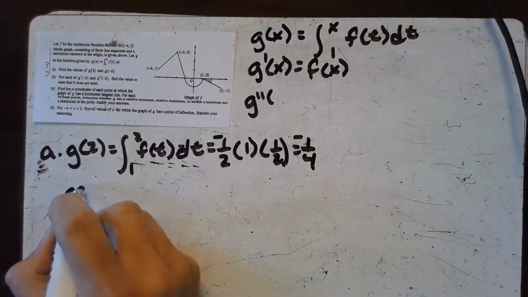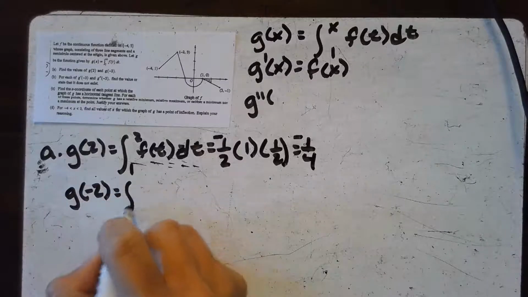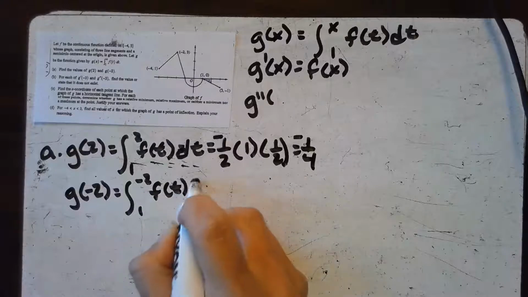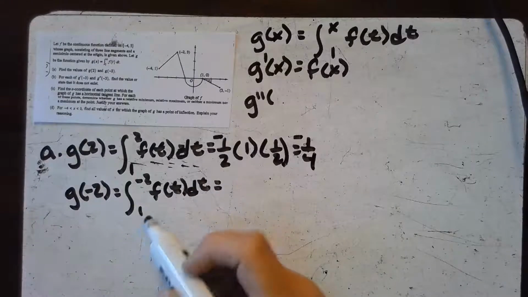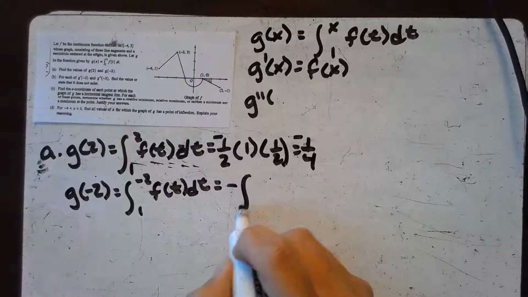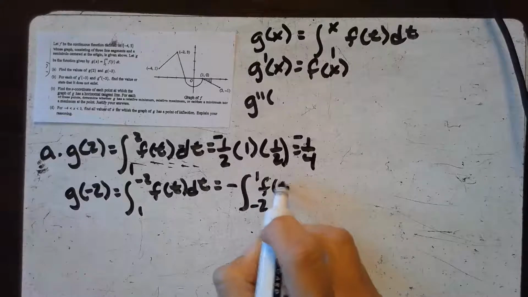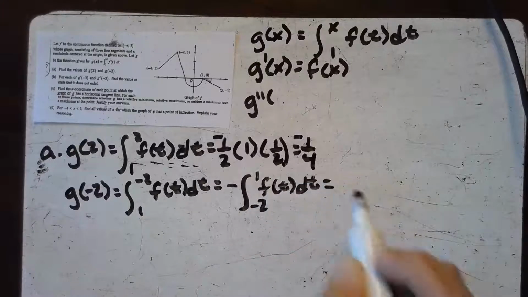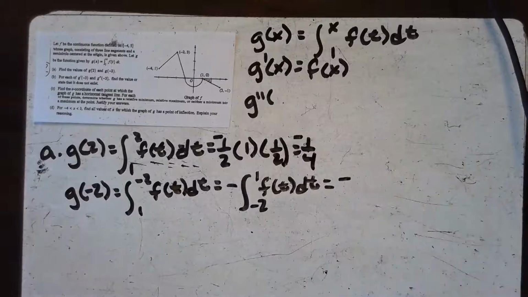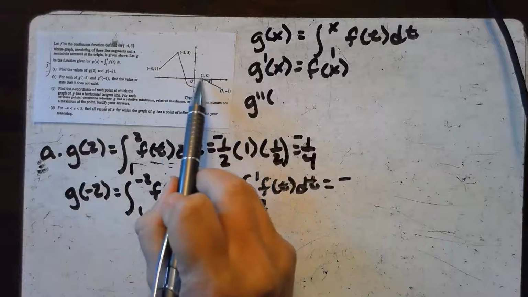And then g of -2. Now, we're going to use one of those properties that we learned yesterday. Remember, a lot of times we like the greater one to be up at the top. So here, I'm going to change that to negative, and flip-flop these. All right, so here I'm going to have a negative on the outside, and I'm going from -2, which is right here, to 1.